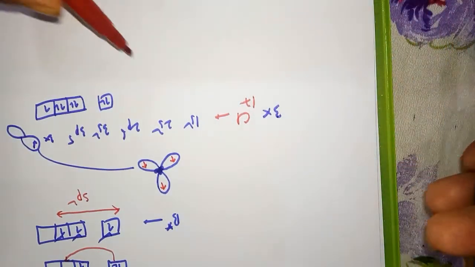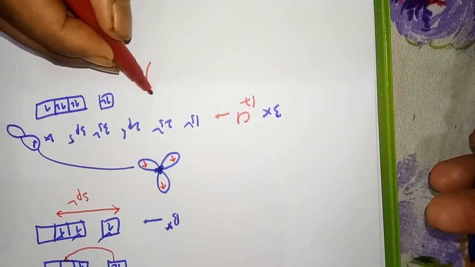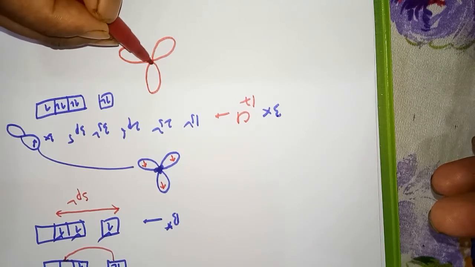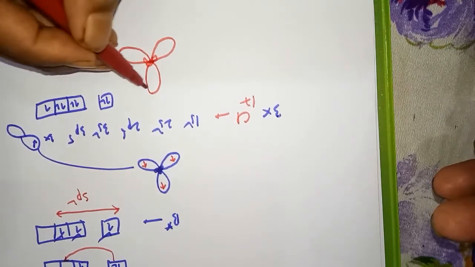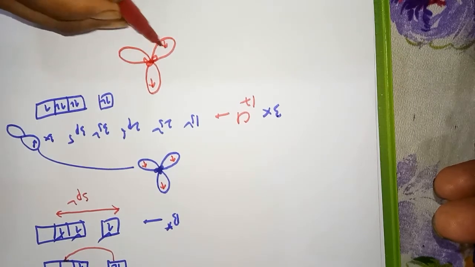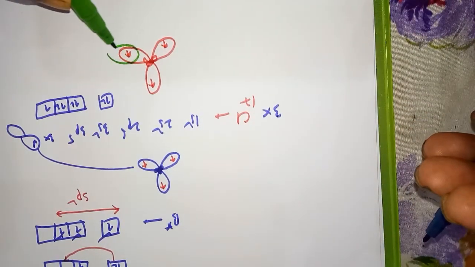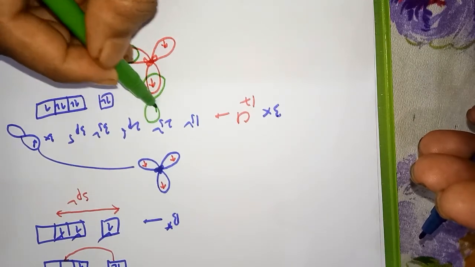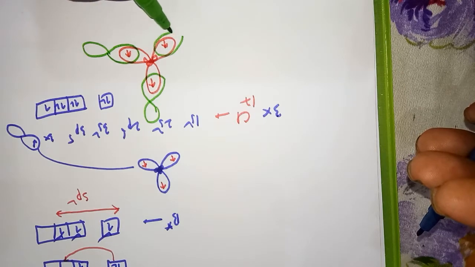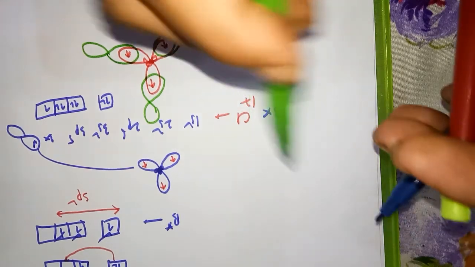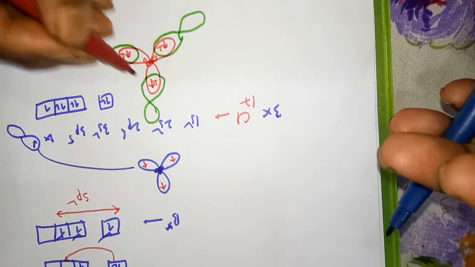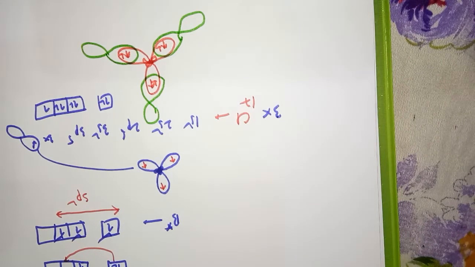So the final structure will be like that. It's a p orbital. Another p orbital. Another p orbital. So reverse direction. So this is how the hybridization of this one.